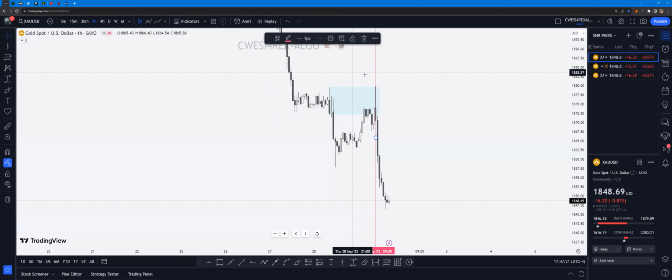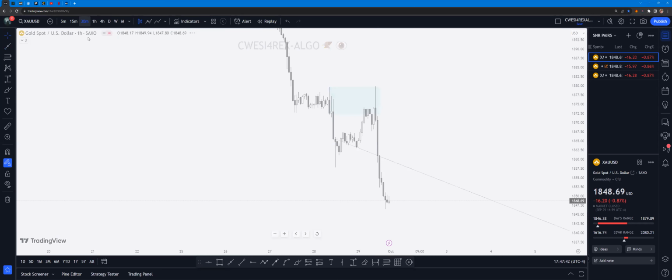My trend line and my point of interest got mitigated during that time. So I knew that price was definitely going to sell more. So I got another sell from this level also. I got a sell from this trend line here.